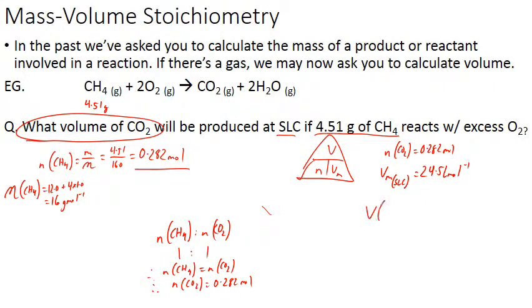Therefore, the volume of CO2 that we have is equal to the amount times the molar volume, so 0.282 multiplied by 24.5 litres, which will give us, rounded to 3 significant figures, 6.91 litres of CO2.